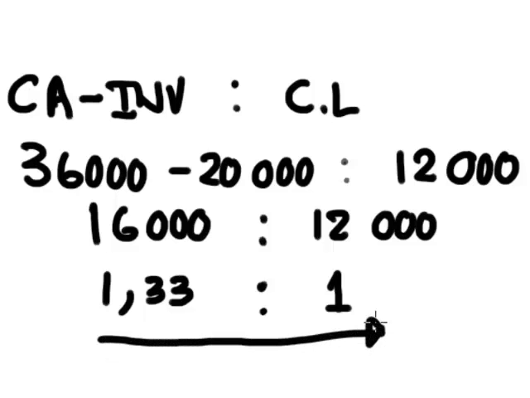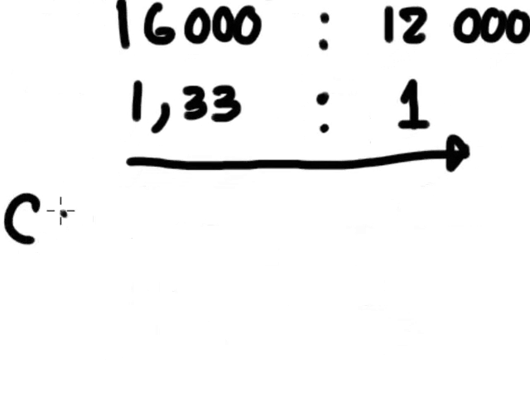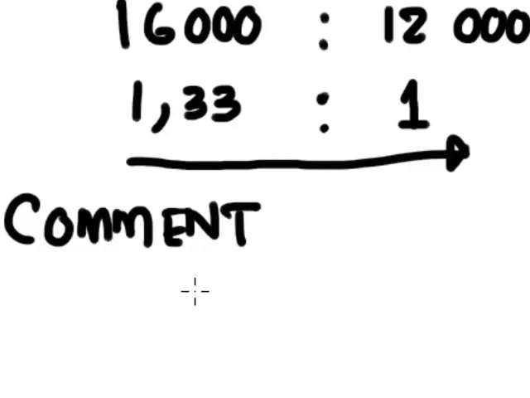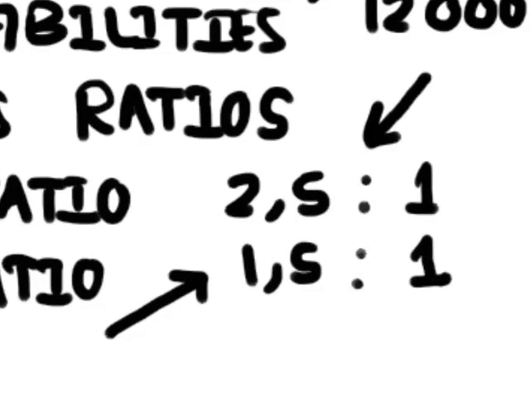Okay, so now how would we comment on this ratio? One is the calculation, but very important is the comment. Firstly, let us compare it to last year. If we look at last year, we can see last year's figure for the acid test ratio was 1,5 is to 1.